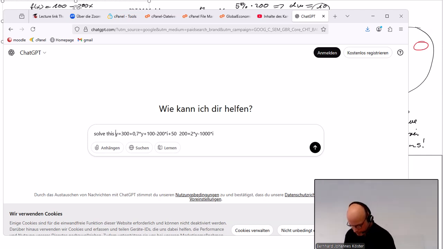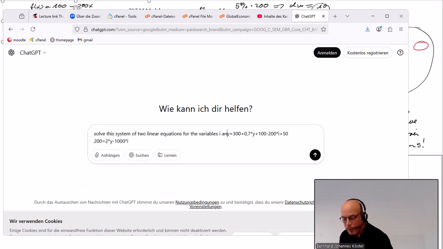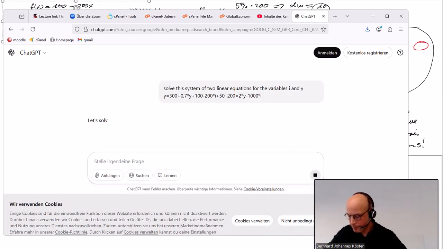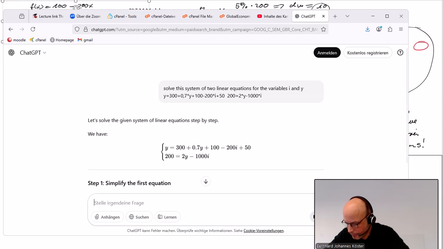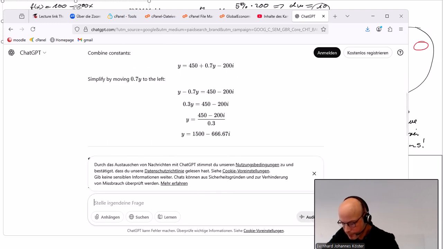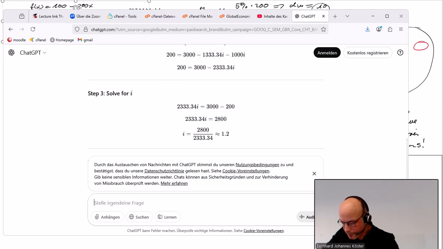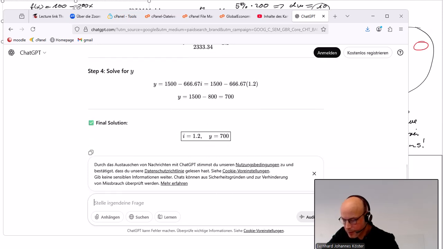Solve this system of two linear equations for the variables I and Y. This looks quite good.